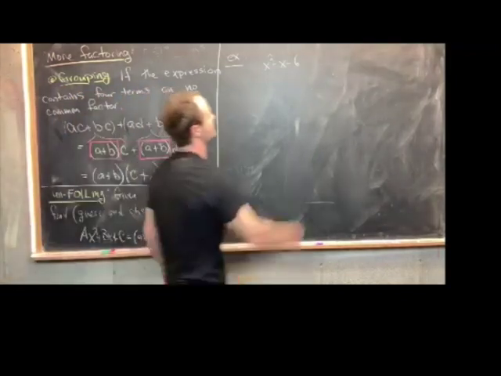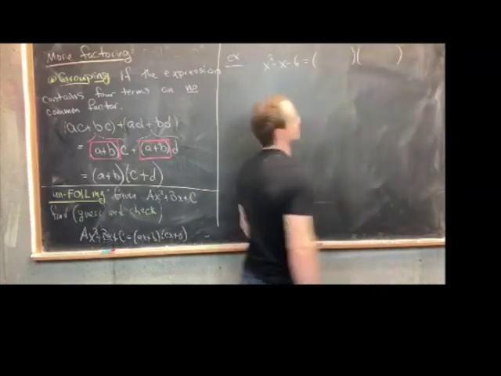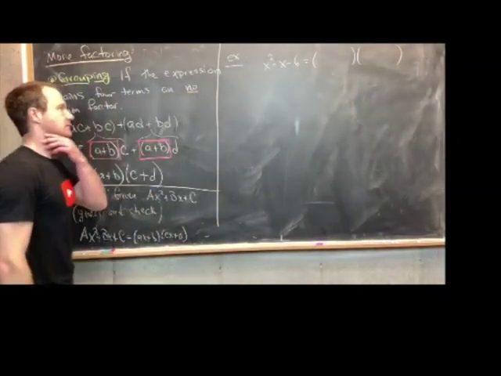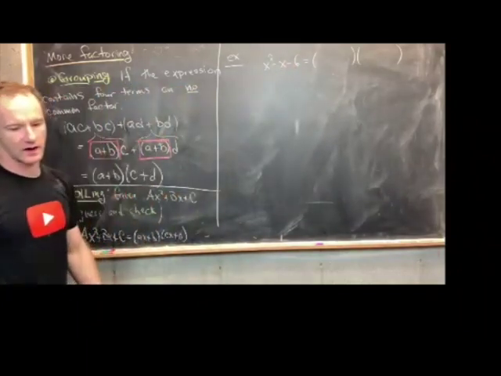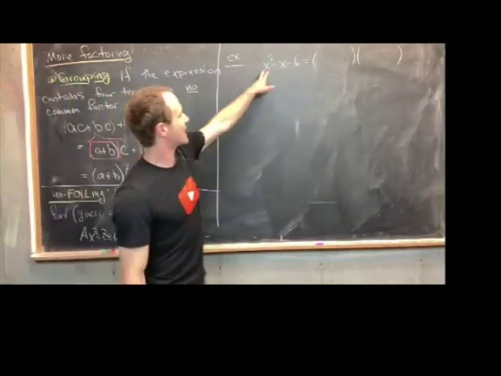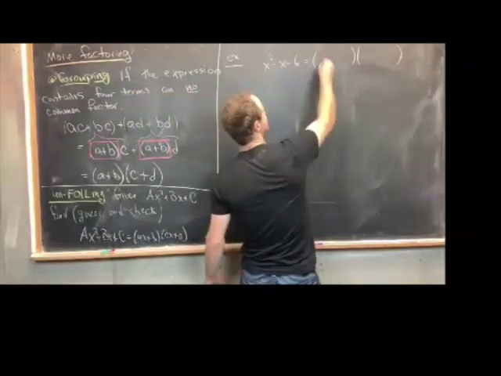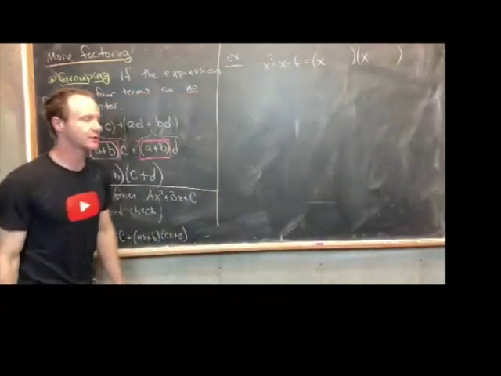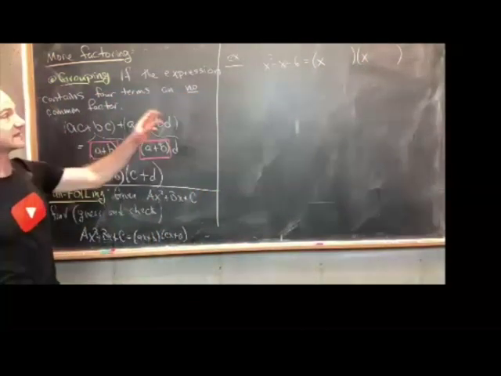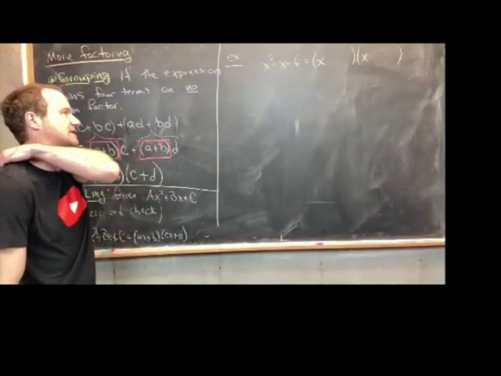You want to factor this in a way so that when you FOIL it out, you get a -6 here and a -1 there. Given that we've got an x squared as the leading term, we know that this needs to factor as x and x. So we can already say that. Because x times x is x squared, there's not going to be a coefficient on the x.